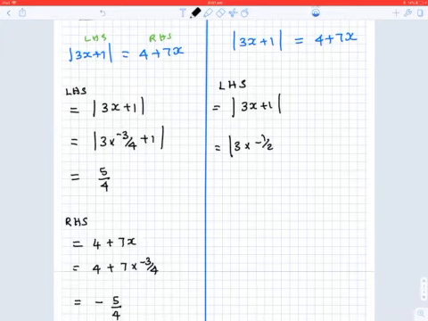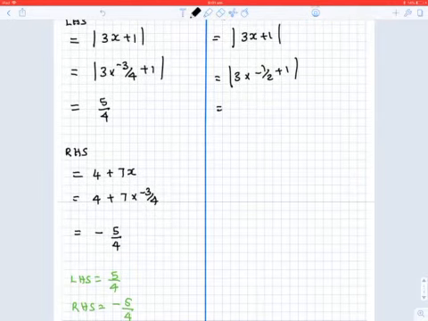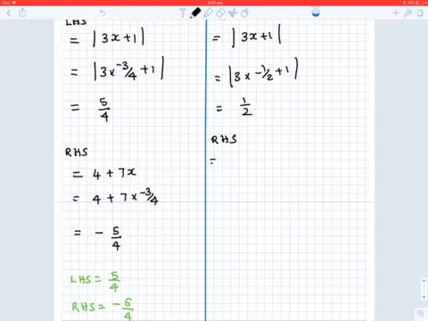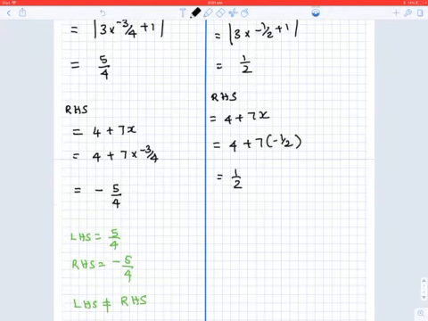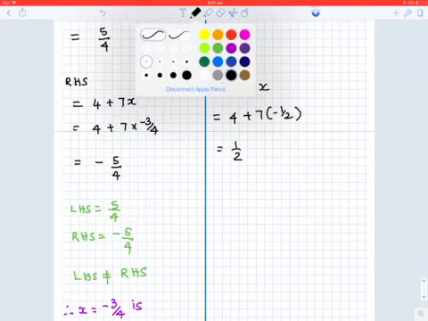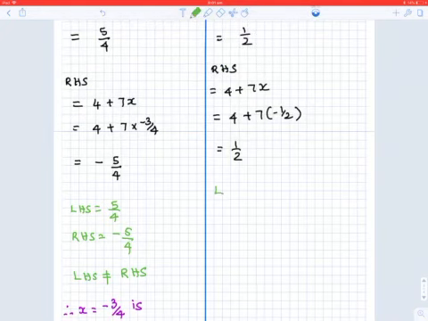So I'm going to take the left hand side first. Left hand side is absolute value 3x plus 1. So that becomes absolute value of 3 times minus half plus 1, which is going to be half. And then we do the right hand side. Right hand side is 4 plus 7x, which is 4 plus 7 times minus half.